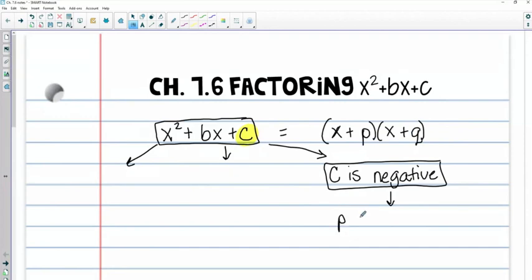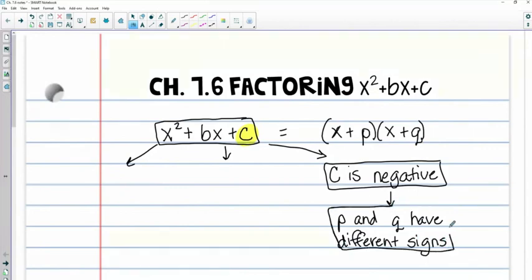So we're going to put here P and Q have different signs. So this trick is only to find out, is it positive, is it negative, what is it going to be? So if C is a negative, then on your answer, one's going to be a positive, one's going to be a negative, okay? That's how it looks with the binomial.